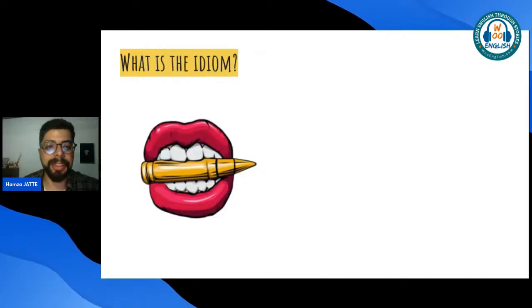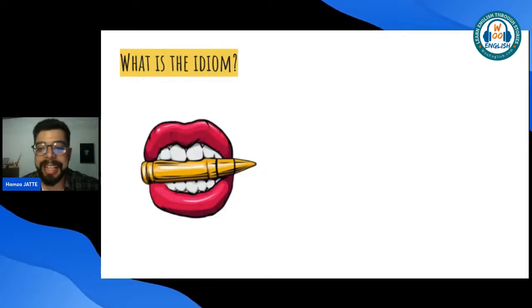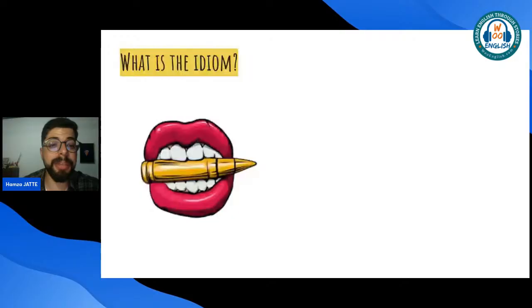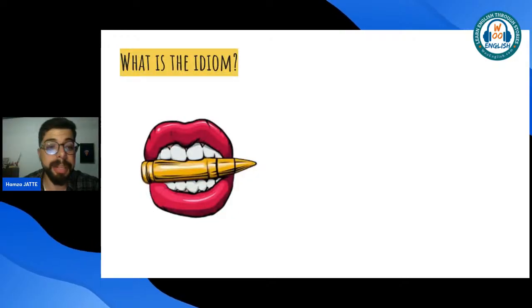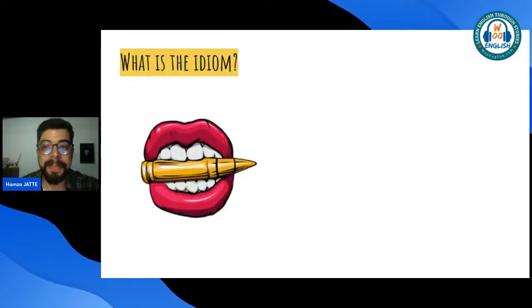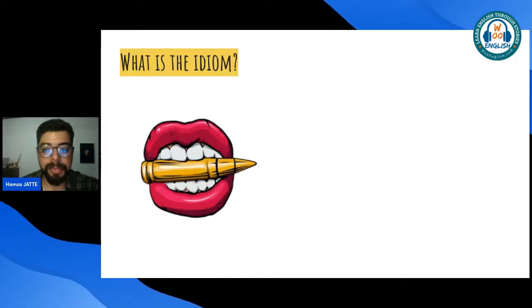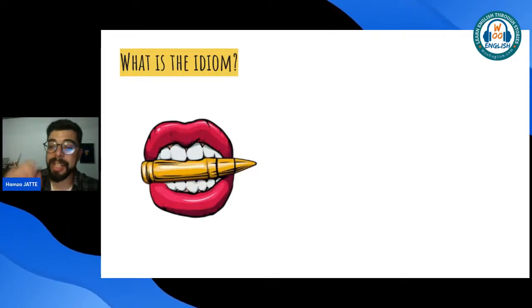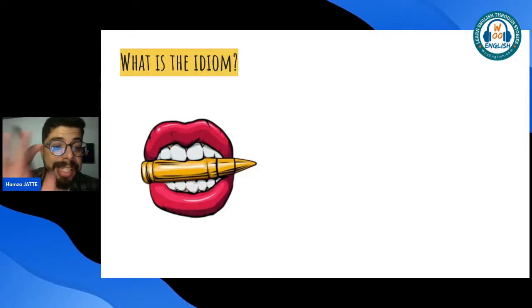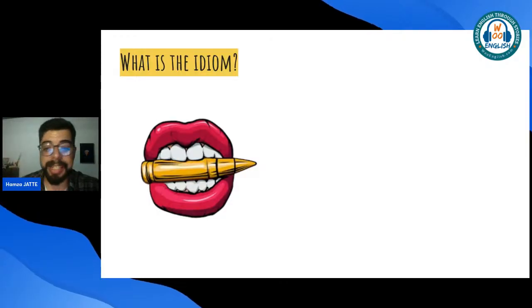Great. Number 2. What do you think this picture, or what is the idiomatic expression that this picture represents? We have seen this one. So today we have focused on 7 idiomatic expressions.